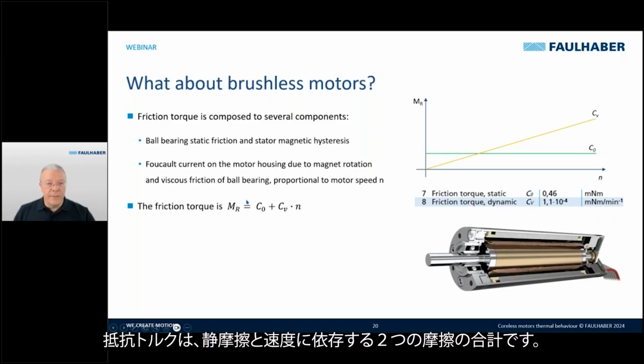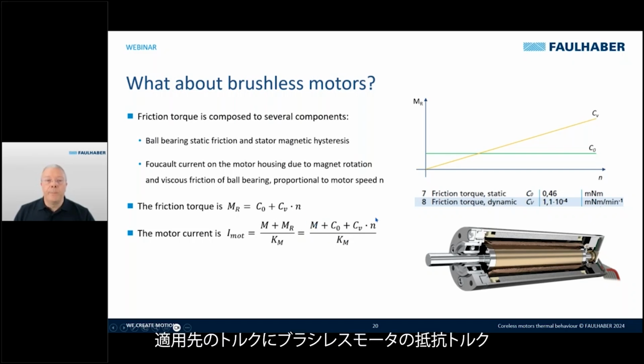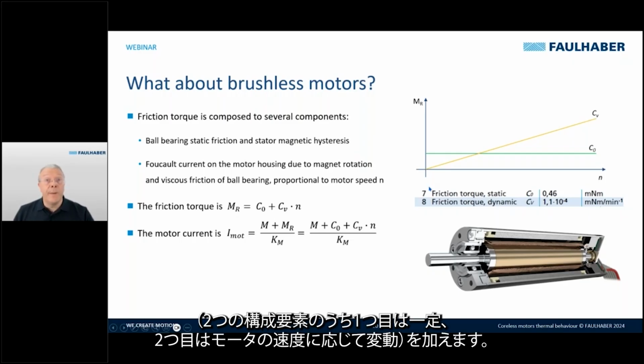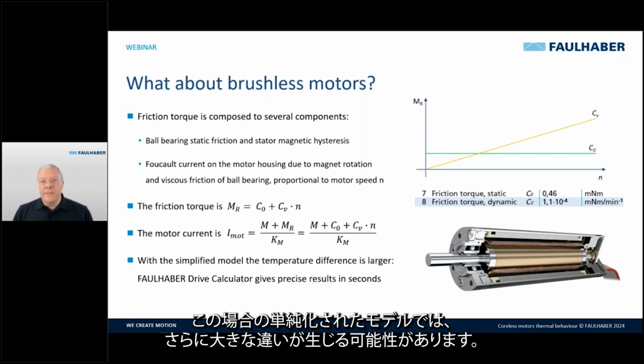The resistant torque is the sum of the two frictions depending on the speed, and when we talk about the motor current, we have this value here divided by the Km. Application torque plus the resistant torque in a brushless motor with the two components. One is fixed and the second one depends on the motor speed. So with the simplified model, in this case, there could be a larger difference.